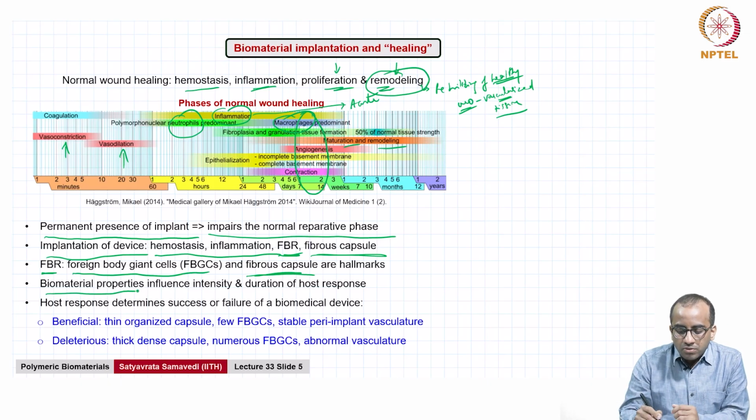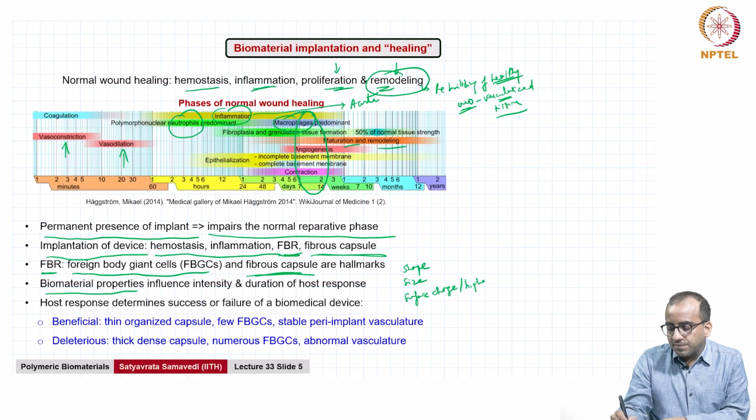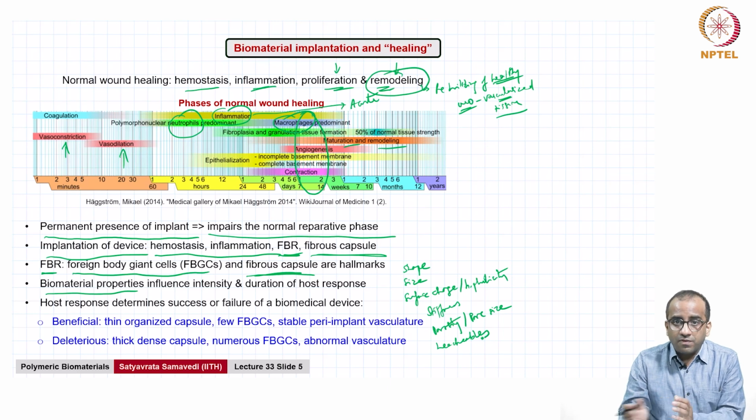And this could include properties right from shape, size, surface charge or hydrophobicity, stiffness, porosity, and pore size, as well as any leachables that come out from the material over time. So all of these factors will play a role in dictating how strong of a host response and how long of a foreign body response the body sees.